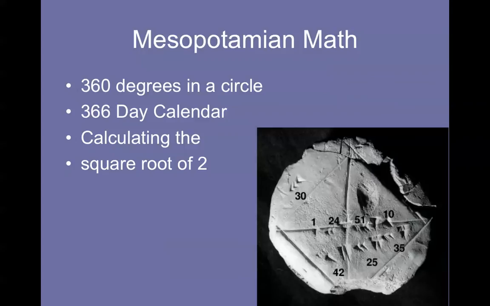Keep in mind that, as you know, there are 24 hours in a day. There are 60 minutes in an hour. There are 60 seconds in a minute. So the Babylonians had it going on with regard to this idea of base 6, and that made perfectly good sense to them.